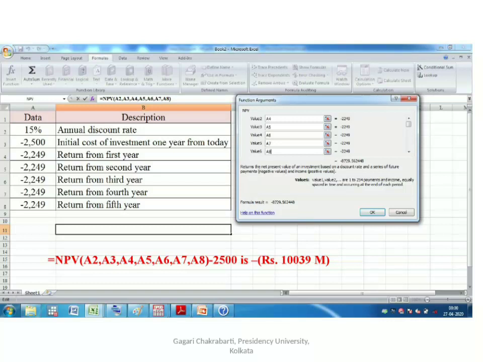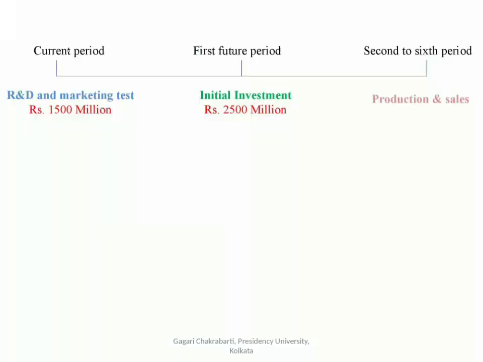So the project may be yielding a positive NPV, or it may be yielding a negative NPV, and the test has a probability of 60% for success.